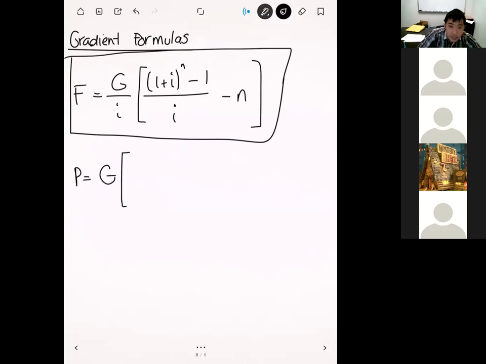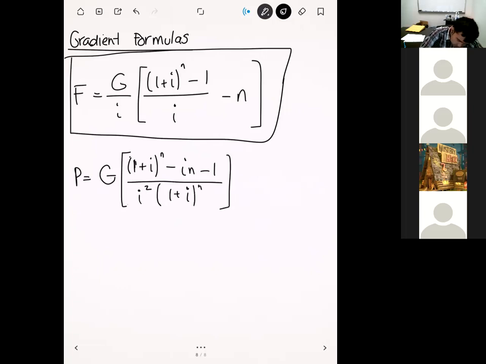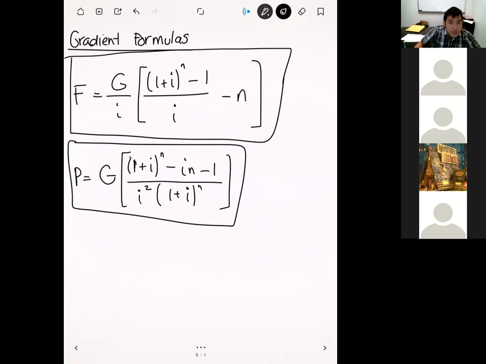P is equal to G times (1 plus i) to the n, minus i times n, minus 1, divided by i squared times (1 plus i) to the n. That's how you convert between P and G.